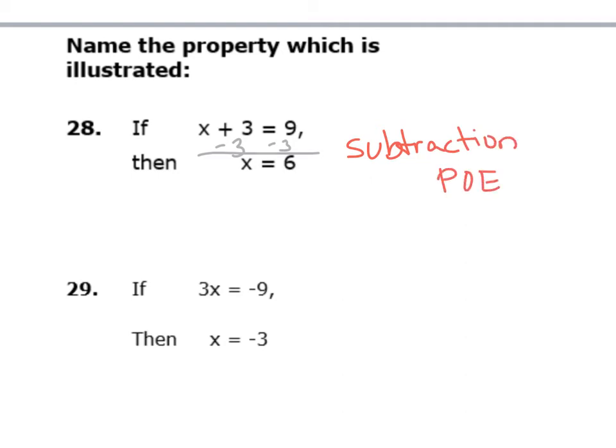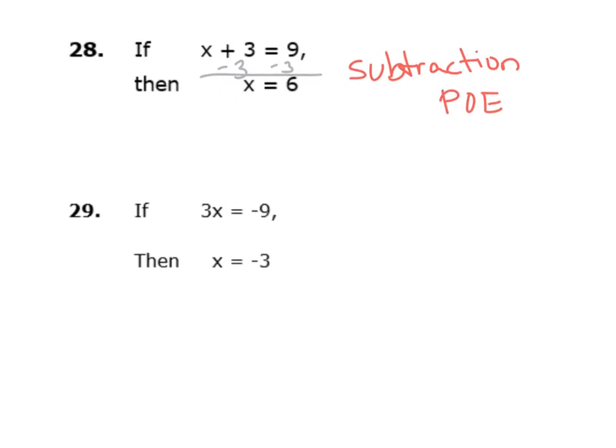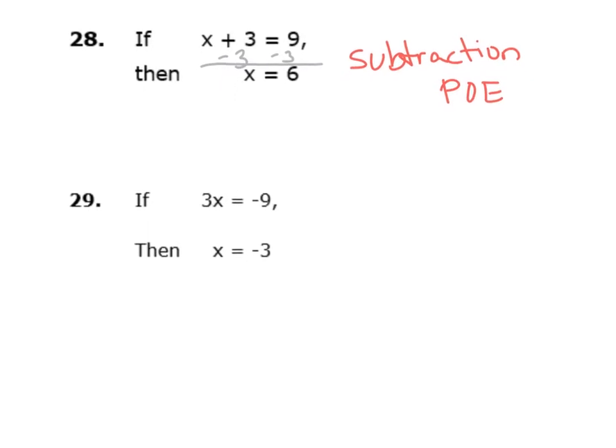Okay? Then when I look at number 29, I can see that I divided both sides by 3. So my answer over here, what am I using? I'm using the division property of equality.